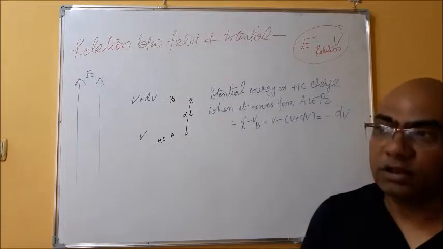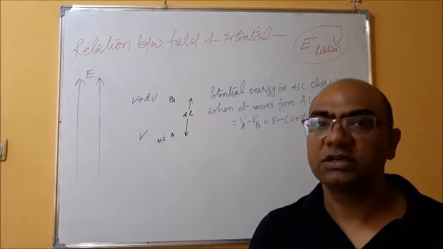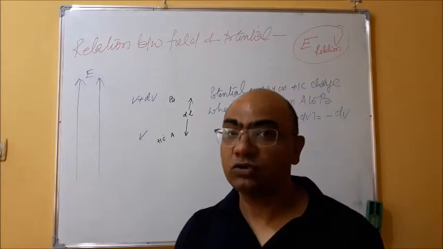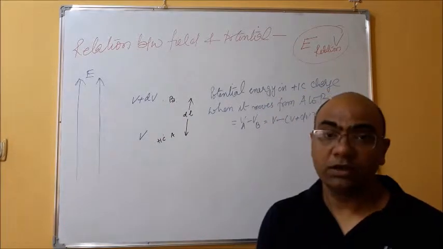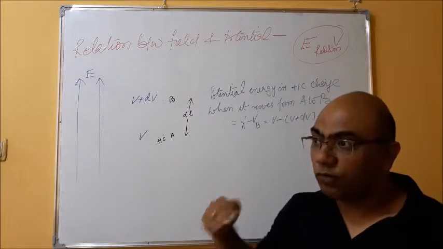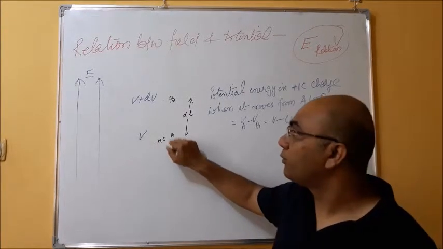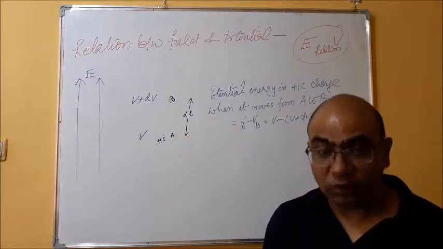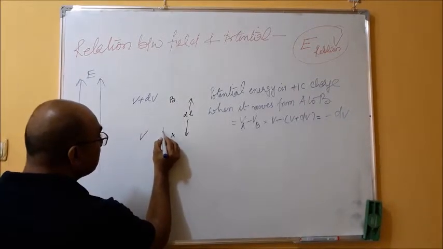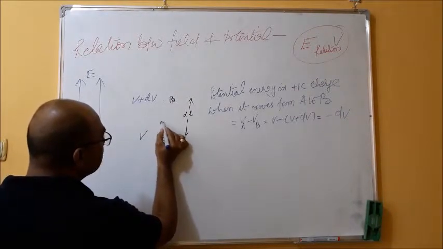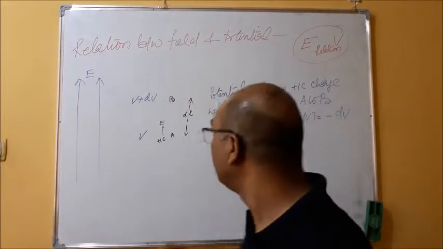Now we have also studied that this potential energy comes in charge by the work done on the charge to bring it from point A to point B. Now we will try to find what would be the work done on this plus 1 coulomb charge to bring it from the point A to point B. So for understanding this, again you see that if this is a plus 1 coulomb charge, the force acting on it will be E, because the value of Q is 1.